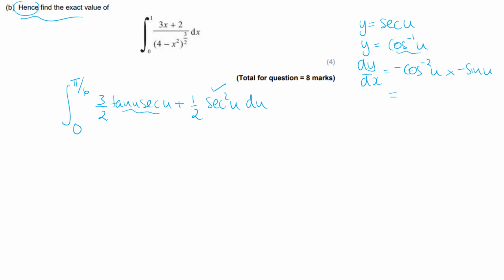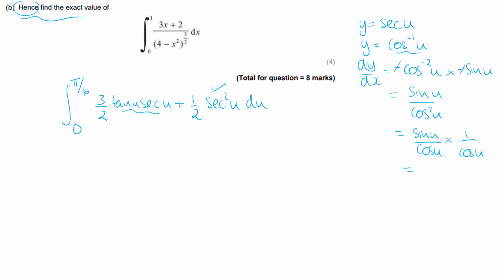And then tidying that up, we're going to have the minuses cancelling, and we'll have sine u over cos squared u, which we've already just done in part A, is a sine u over a cos u, which is tan, times 1 over cos u.